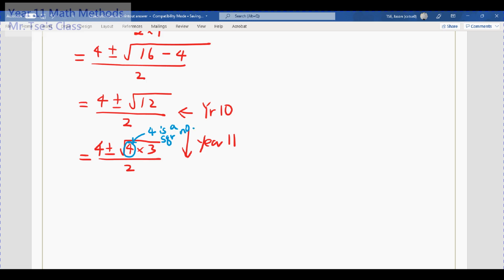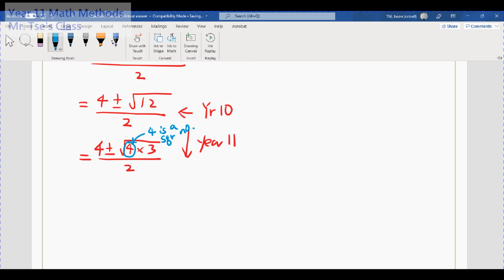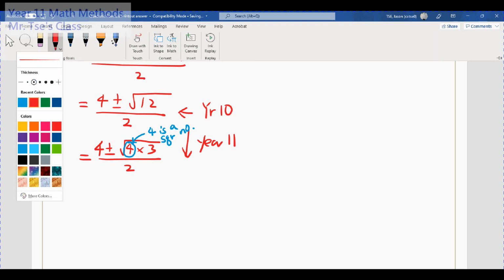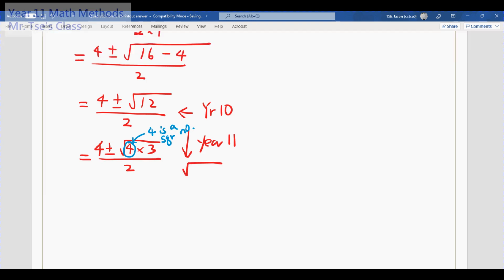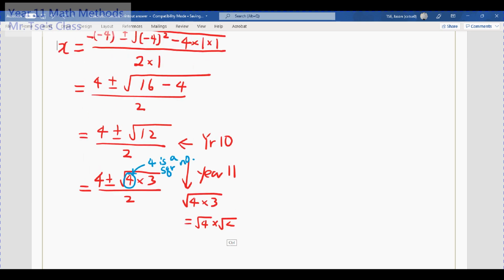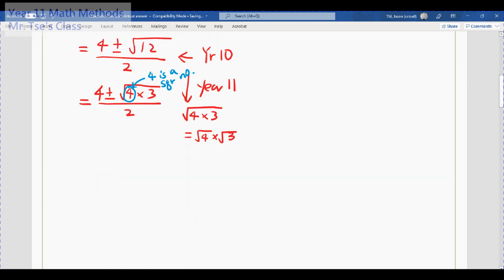Once you split that up, we've learned in year 10 that square root of 4 times 3 can be rewritten as square root 4 times square root 3. So you can just split that square root sign into two by multiplication.